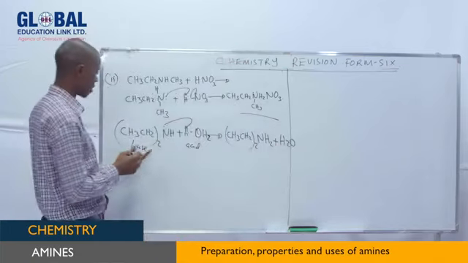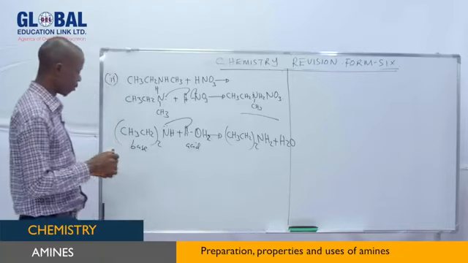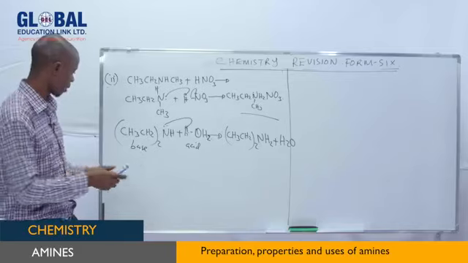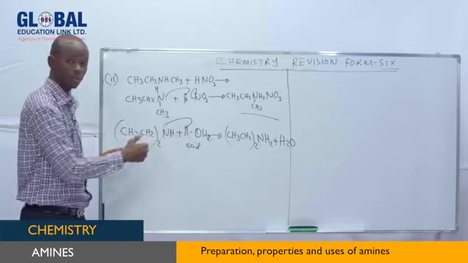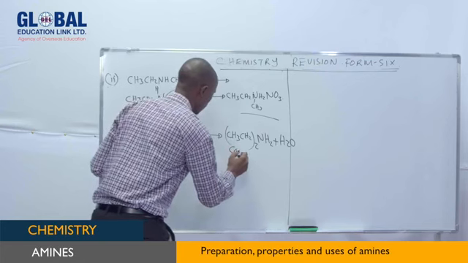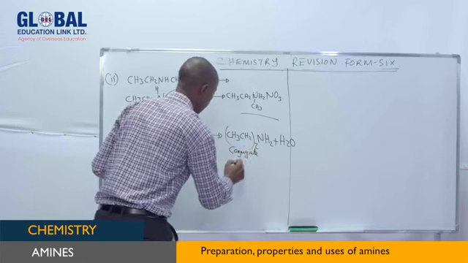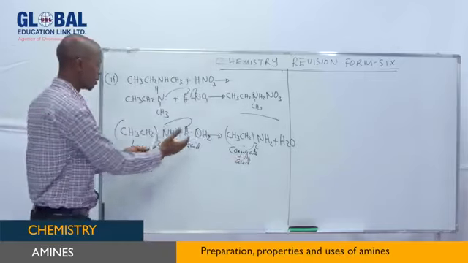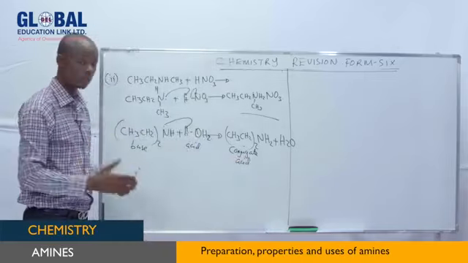So this is the base. This is an acid. Here we are going to form a conjugate acid-base pair. If this is the base, when it accepts a proton, it becomes a conjugate acid. So this is the conjugate acid. And this acid, after it has lost a proton, becomes a conjugate base.